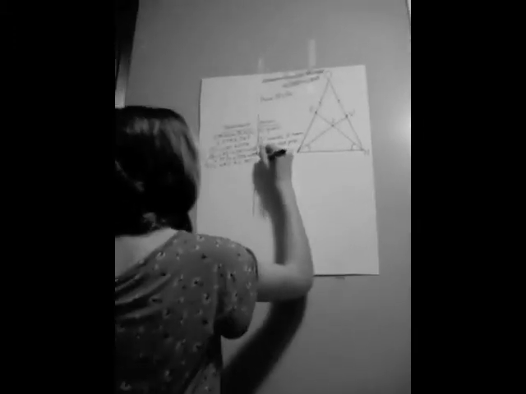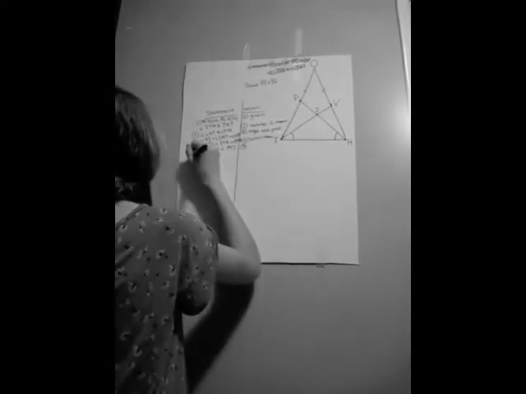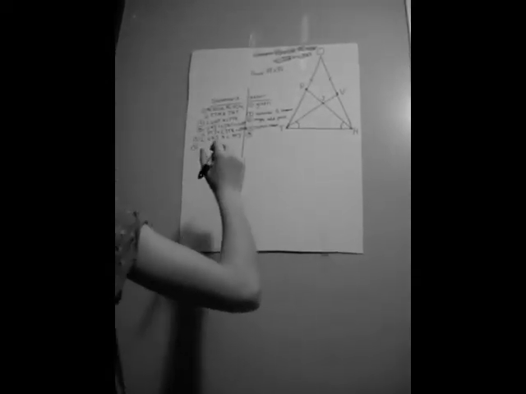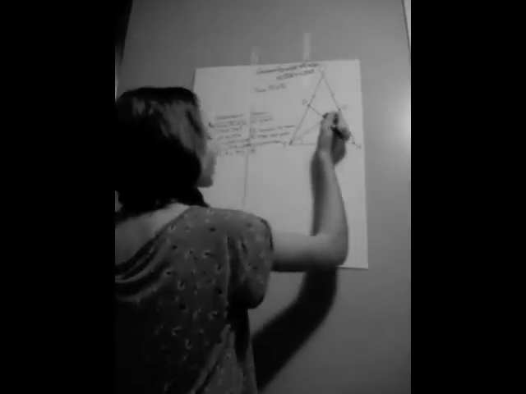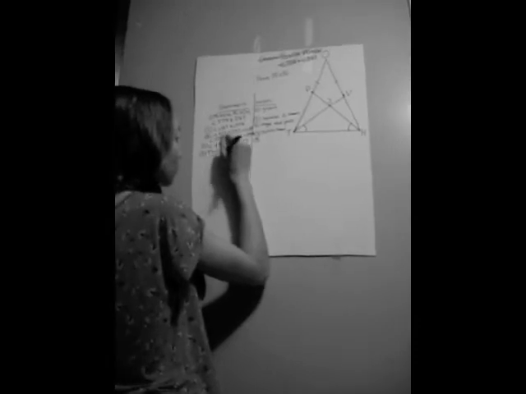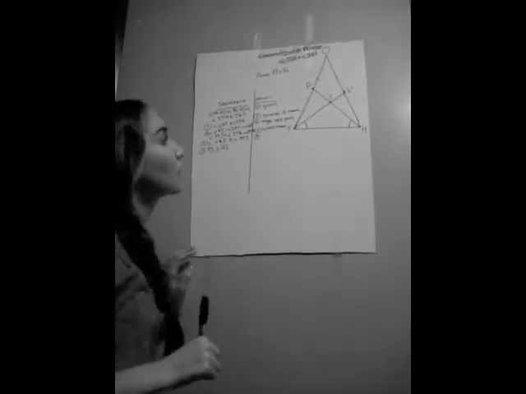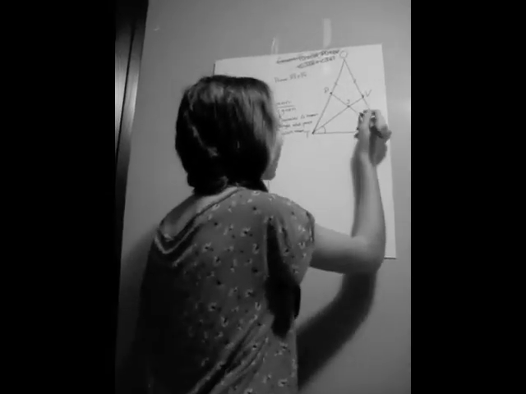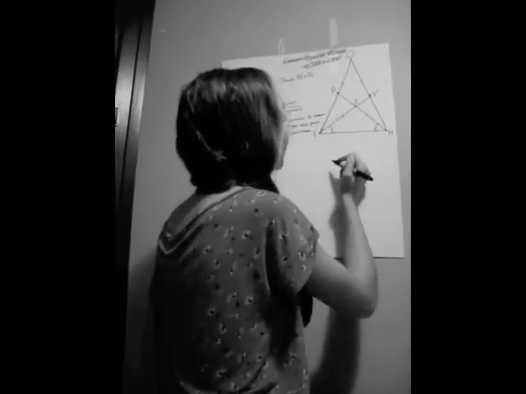Okay. And then step 5, I would say that TJ is congruent to HJ because converse isosceles triangle theorem, because these two angles are equal, so that means that this side and this side is equal.